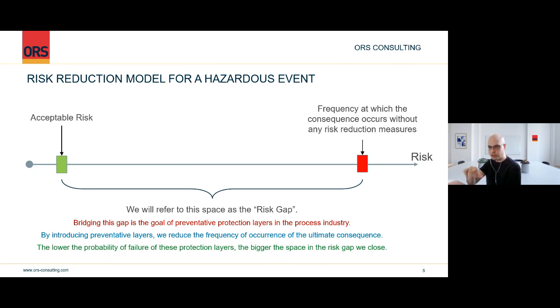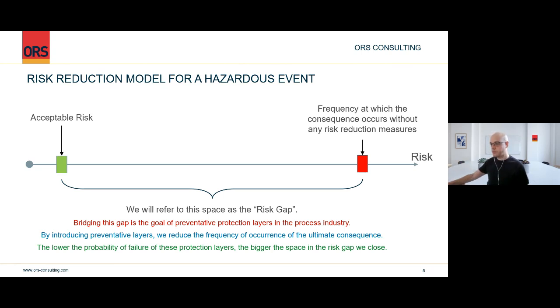We're trying to reduce the frequency of the hazardous event down to an acceptable risk level. Because by introducing preventative layers, we reduce the frequency of occurrence of the ultimate consequence, right? The lower the probability of failure of these protection layers, the bigger the space in the risk gap that they cover. So the lower the probability of failure on demand of each protection layer, the more we are bridging that risk gap.